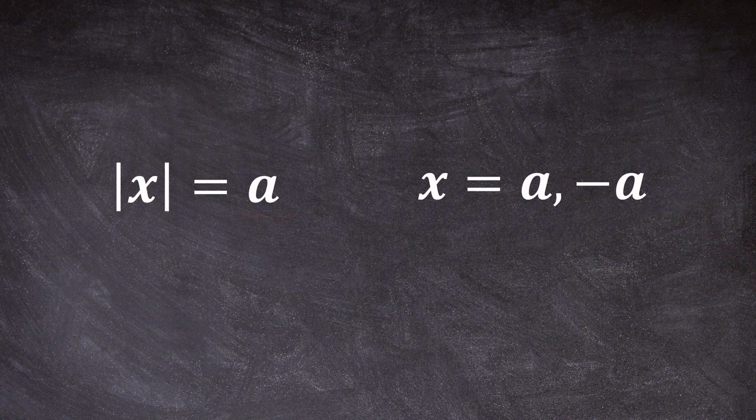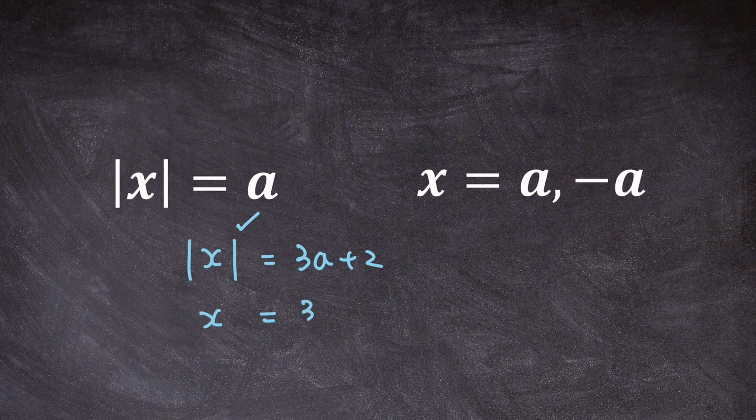For example, if I have the absolute value of x is equal to 3a plus 2, then I can remove this absolute value bracket and instead set x equal to 3a plus 2 and also equal to negative 3a plus 2. So you can solve for both equations.